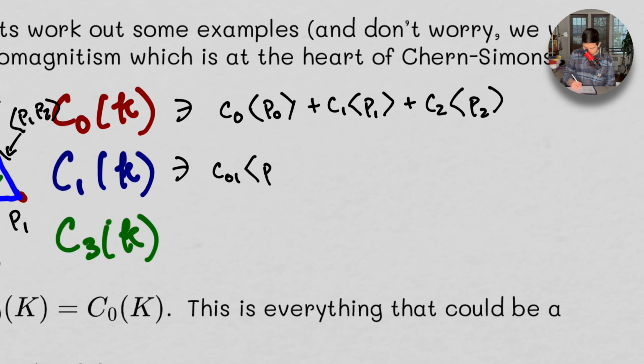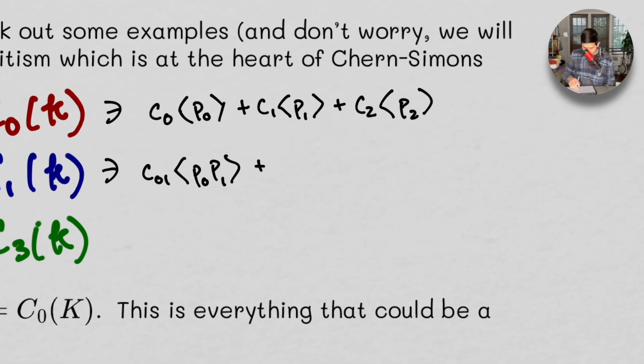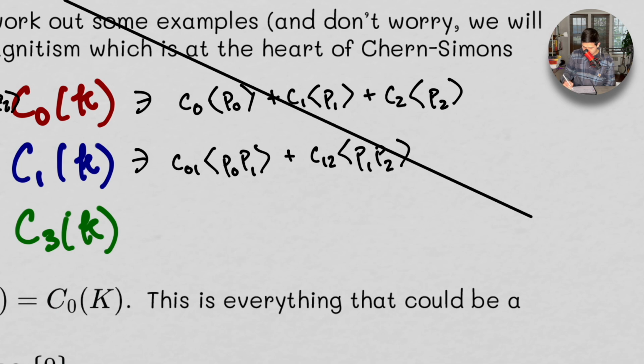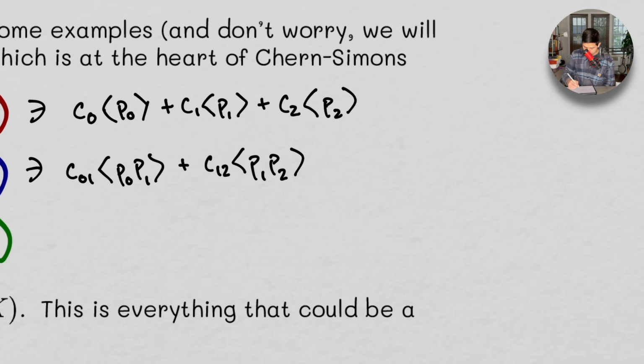Okay, and then we have P0, P1, plus C1,2, that's going to be P1, P2, and then plus C2,0, and that's going to be P2, P0, and so forth.